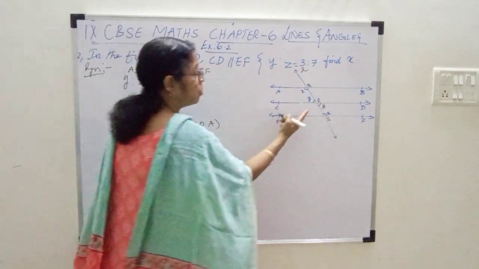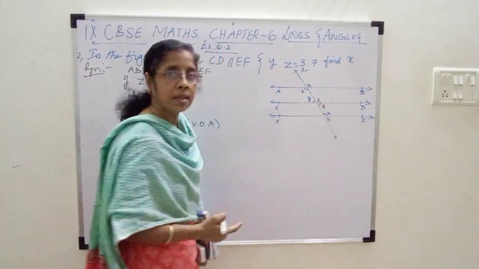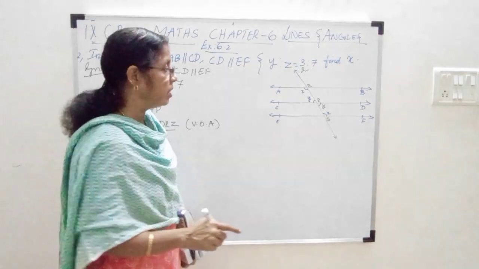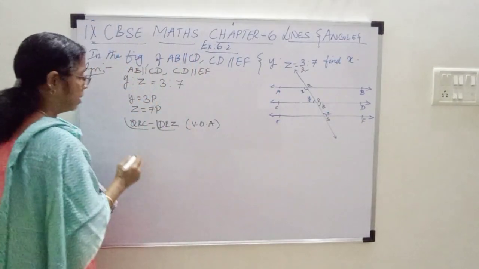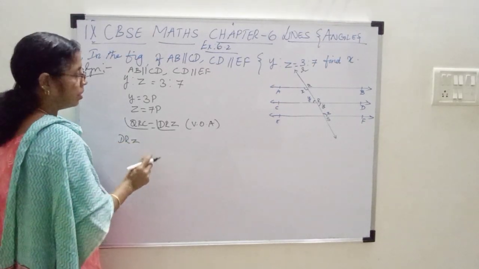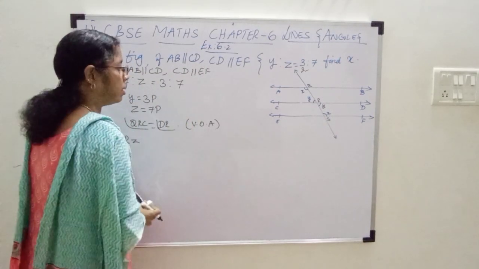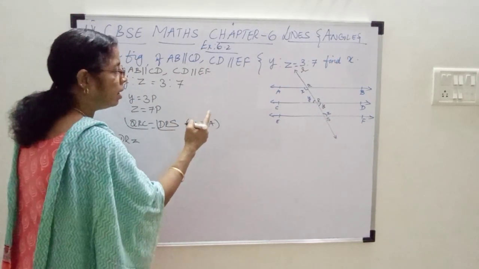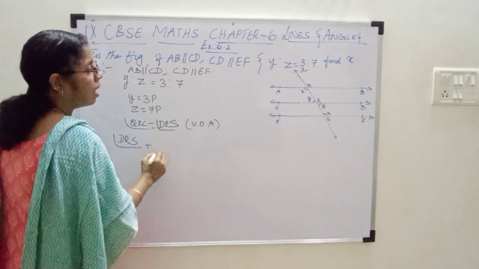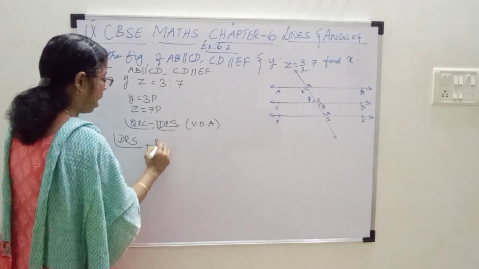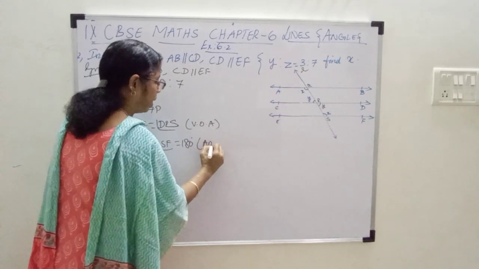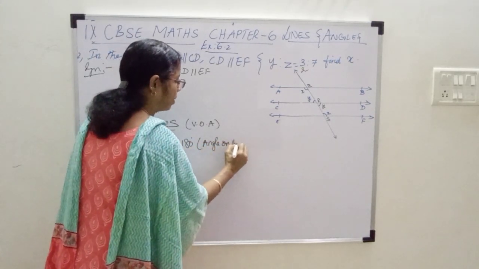Now, these 2 angles Y and Z, I told you, those 2 are the angles on the same side of the transversal. That is, angle DRS plus angle RSF is equal to 180 degree. Reason, angle on the same side of the transversal.